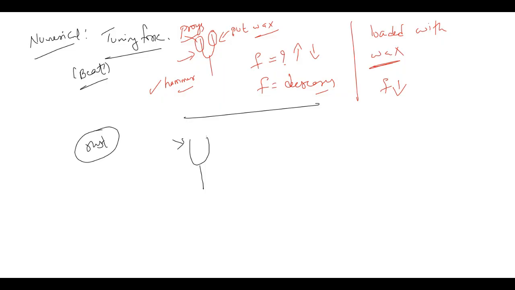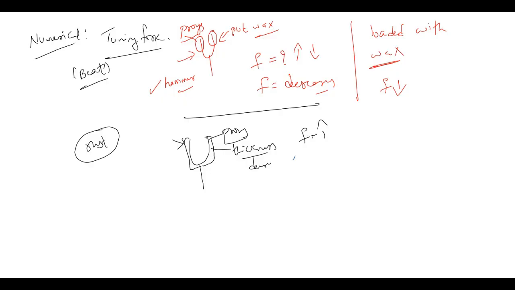When you use that scrubber and rub these tuning fork prongs, what happens to their thickness? Decreases. Then what happens to its frequency? Increases. Because as mass increases, frequency decreases. Here mass decreases, frequency increases.